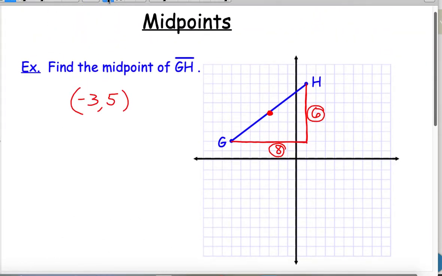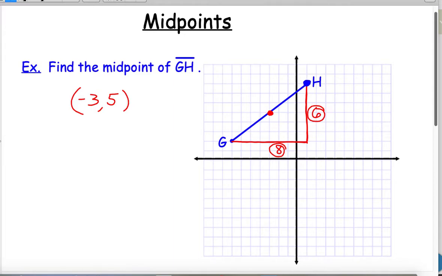Let's write the coordinates of point H. So here's 0, 0. H was 1 in the x direction, and 1, 2, 3, 4, 5, 6, 7, 8 in the y direction. So 1, comma 8 are the coordinates for H. And then for G, in the x direction we go -1, -2, -3, -4, -5, -6, -7, and then +2 in the y direction.